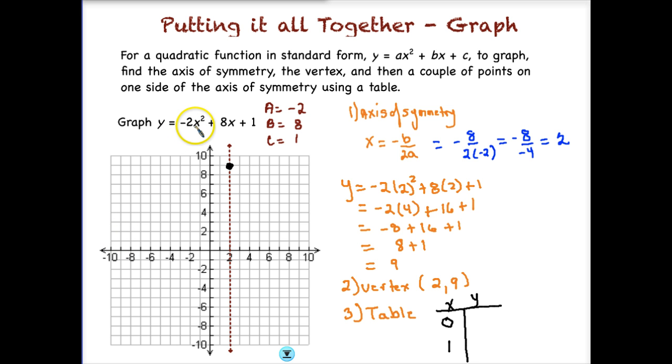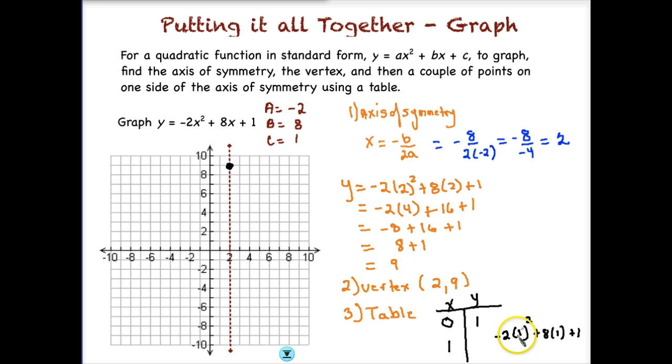Going to my equation, if I plug in a 0 here for my first term, 0 squared is just 0, and 0 times -2 is going to be 0 as well. If I plug in a 0 for this x, 8 times 0 is also 0. So what I end up with is 0 plus 0 plus 1, which is just 1. Now let's go ahead and plug in a 1. So we have -2 times 1 squared plus 8 times 1 plus 1.